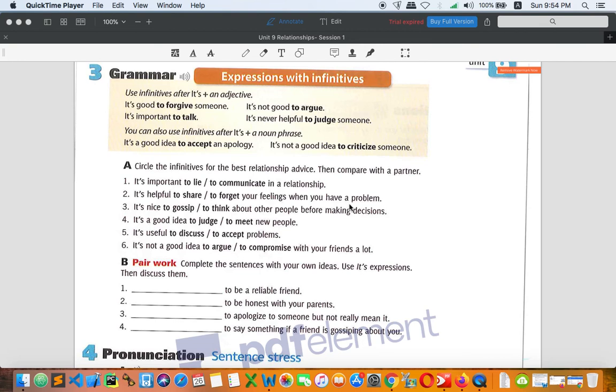Number 3, it's nice to gossip or to think about other people before making decisions. Yeah, I think we can see that gossip is negative, so that we should not try that. So the answer should be to think. I think I also choose to gossip sometimes, but we know that it's not good, it's negative, but I don't know why people keep doing that.